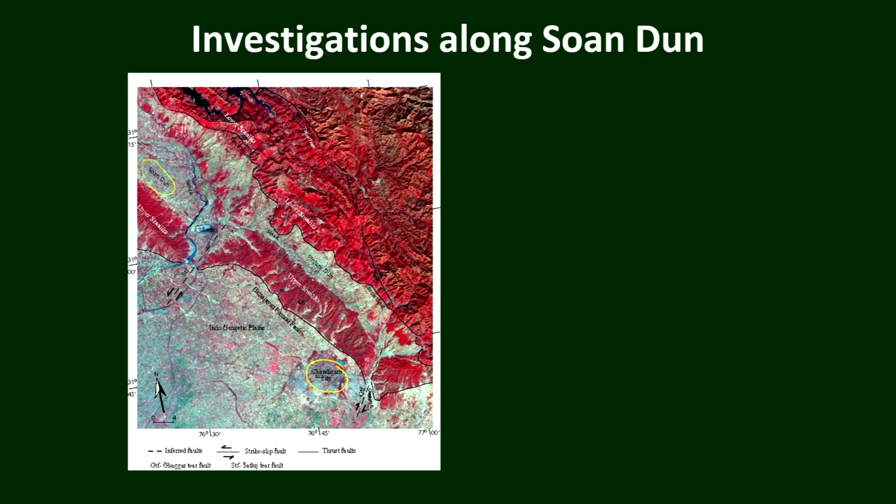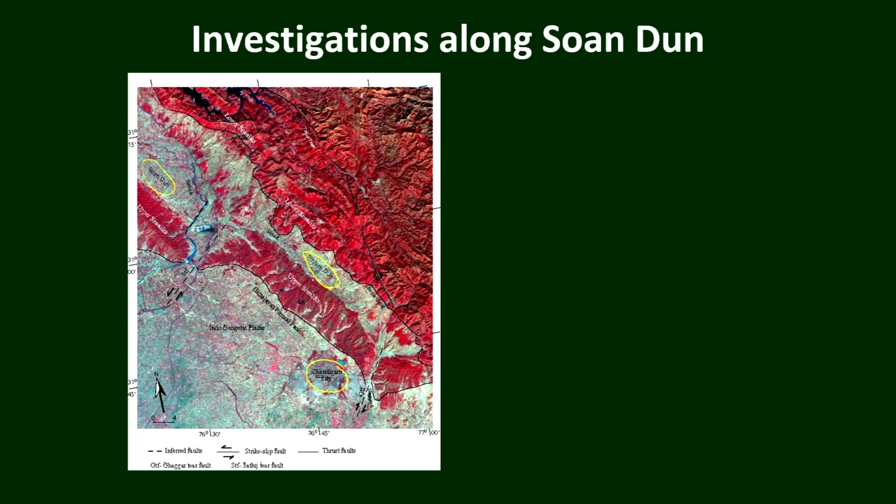So Sondun is very similar to what we call Dehradun. This is an intermountain valley, and Dun is a local word which has been used. There is a Pinjore Dun also which exists between the sub Himalayas and the lower Shivalik hills, and this is also the same. You have the sub Himalayas and the lower Shivalik hills here.